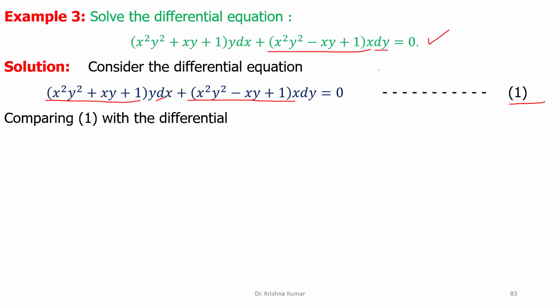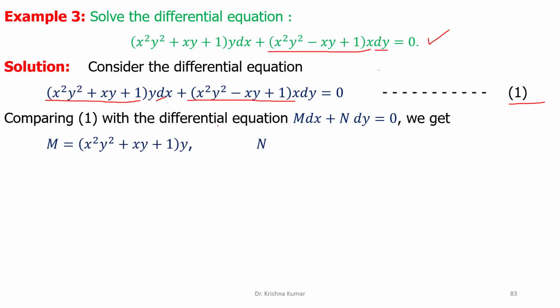Comparing equation 1 with the standard differential equation M dx + N dy = 0, we get M = (x²y² + xy + 1) times y and N = (x²y² − xy + 1) times x.